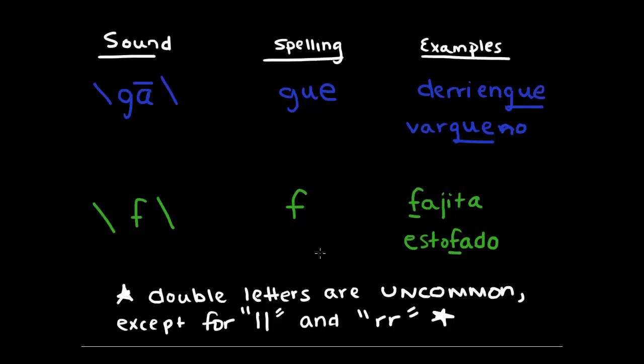So the only times you're going to see double consonants are with LL and RR, and all these consonant sounds that we covered in this video and the previous video are the common consonant sounds in Spanish, and the spellings we have seen are the common ways to spell these sounds in Spanish.